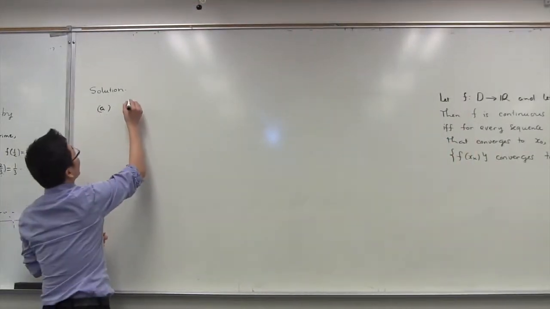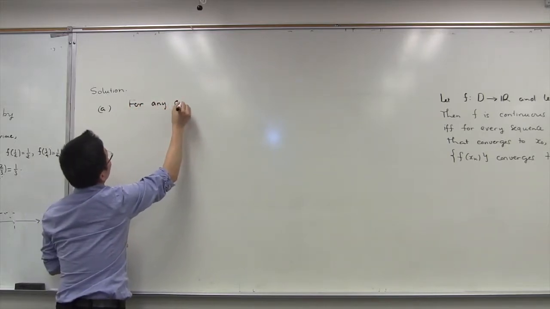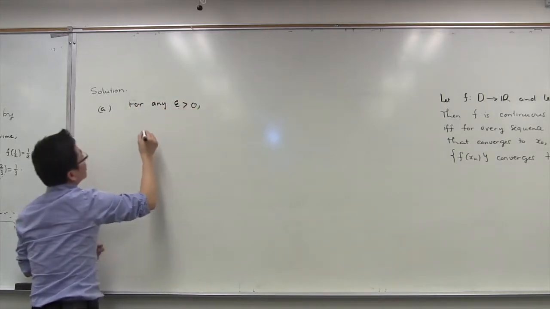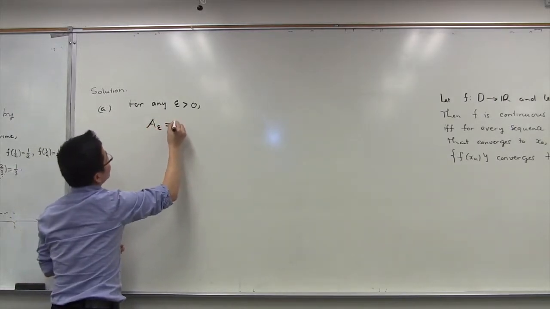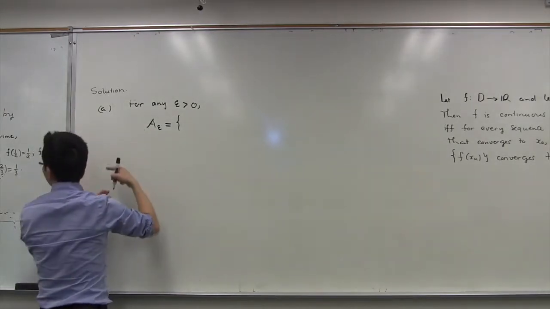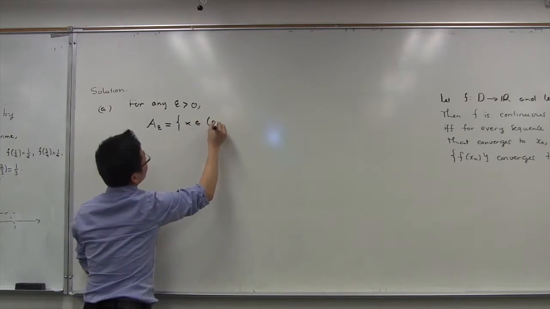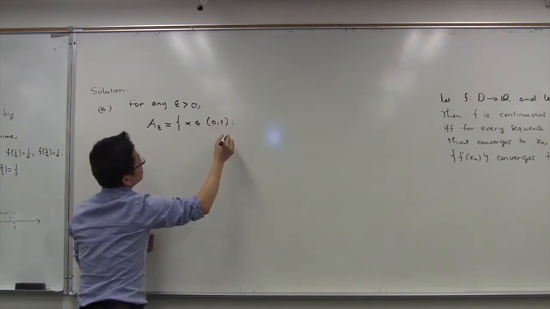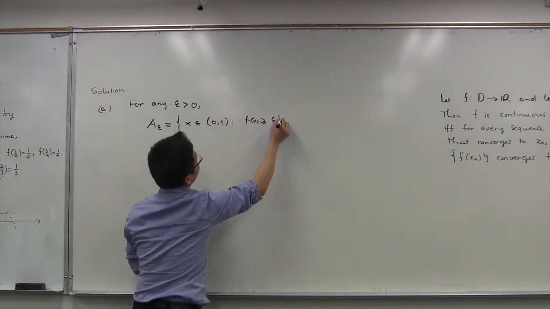Now, for any epsilon greater than 0, recall that the set A epsilon is given by the following formula. A epsilon consists of all x in the interval [0, 1] such that f(x) is greater than or equal to epsilon.